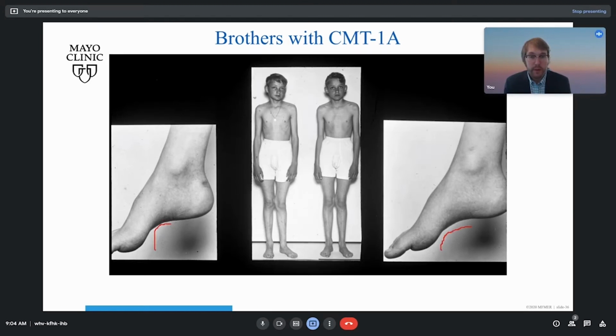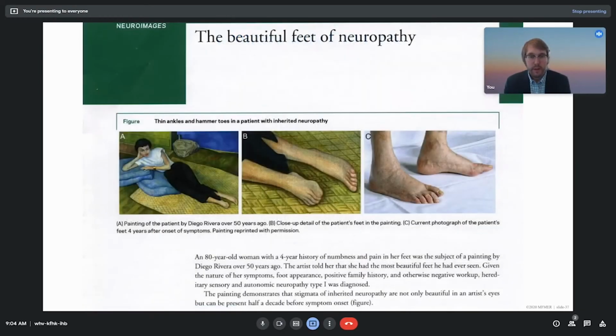They have a bit of hammer toes, and they have very skinny legs and ankles, and otherwise they are very skinny together. Now some people might find the foot deformities of neuropathy to actually be beautiful. And this is an example of a published image from work done at Mayo Clinic.